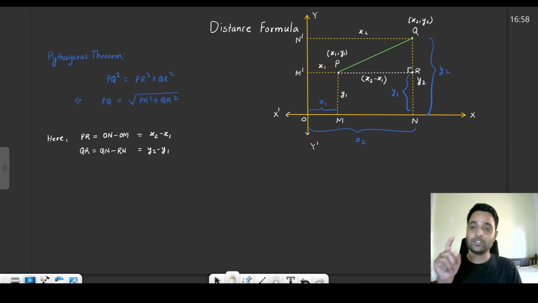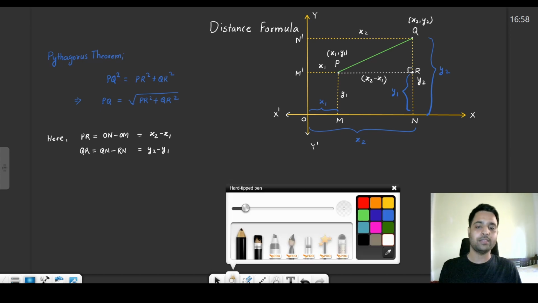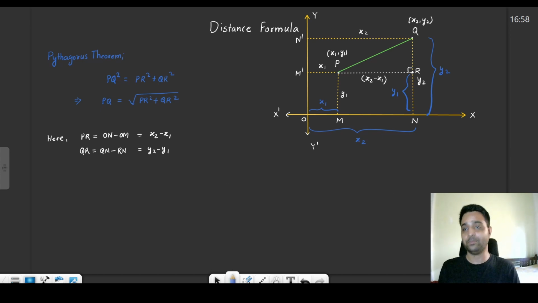So if you substitute these two values in the previous equation for PQ, PQ will be equal to the square root of PR square, where PR is x2 minus x1, squared, plus QR square, that is y2 minus y1, squared.